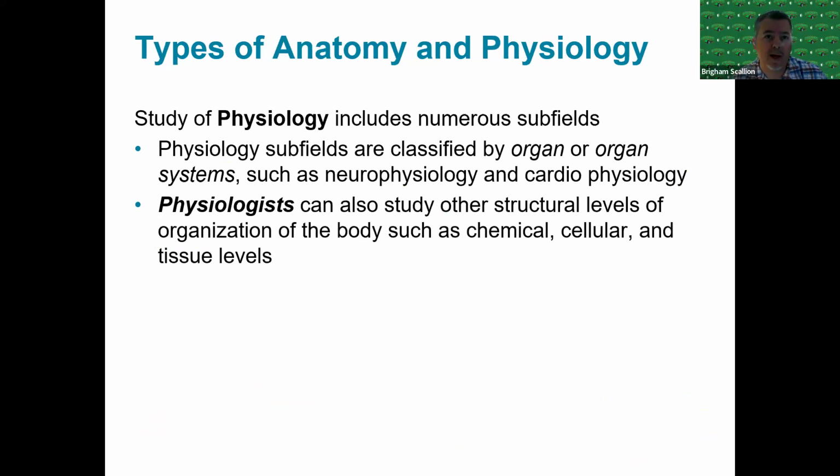Well, there are different ways we can study physiology, lots and lots of subfields. Physiology subfields are usually classified by the organ we are studying, such as neurophysiology, where neuro refers to the brain or spinal cord.